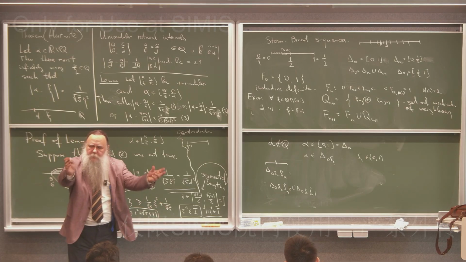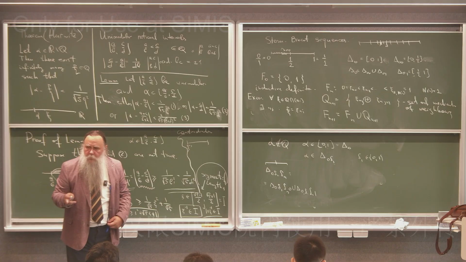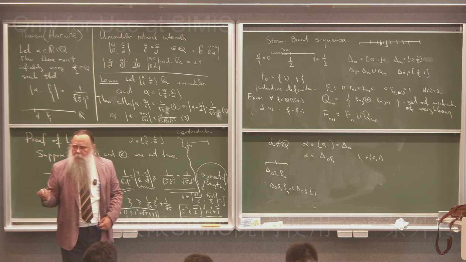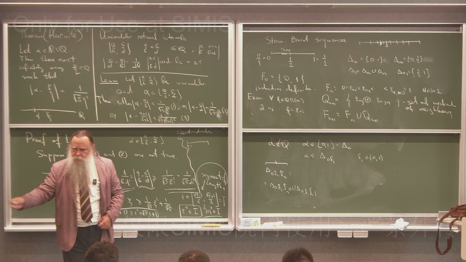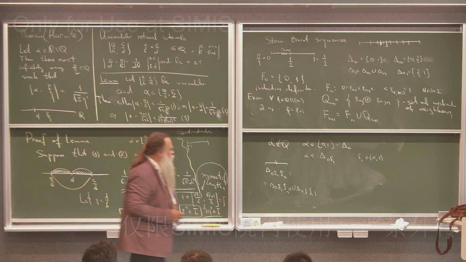But if it is irrational, it belongs to just one interval, and so we determine the next code. Should we go to the left or to the right to catch alpha?